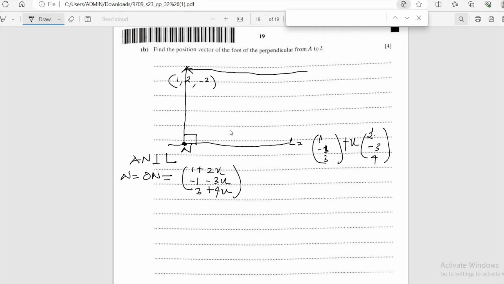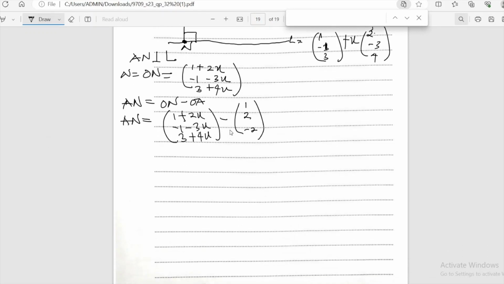Remember I said AN is perpendicular to L. We don't know AN, but AN can be calculated using ON minus OA. So AN is equal to ON, which is 1 plus 2 mu, minus 1 minus 3 mu, 3 plus 4 mu, minus OA. OA is 1, 2, minus 2.